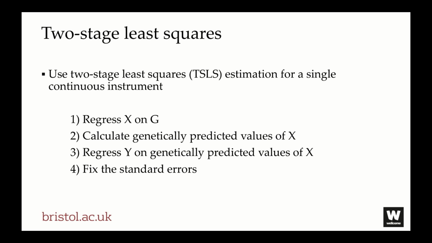You take the predicted values from that regression, essentially the genetically predicted levels of the exposure, and then you regress the outcome on that. You can generate the standard errors in whatever way you want, but for both the Wald ratio and the two-stage least squares, the effect estimate you get is the causal effect of your exposure on your outcome.